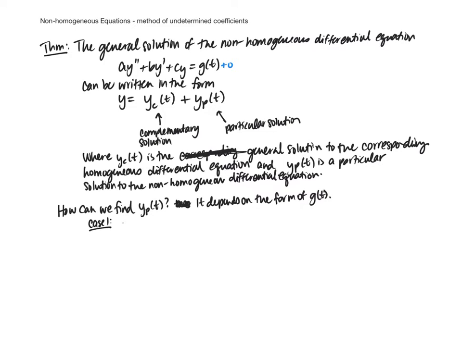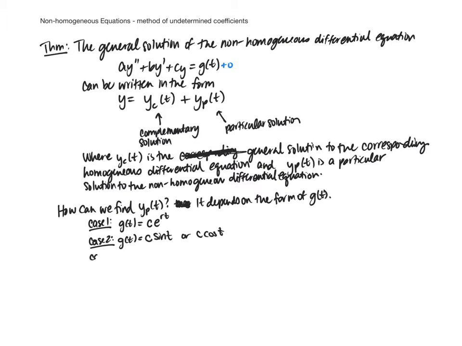Case 1, say G of T is some CE to the RT. Case 2, say G of T is C sine T or C cosine T.